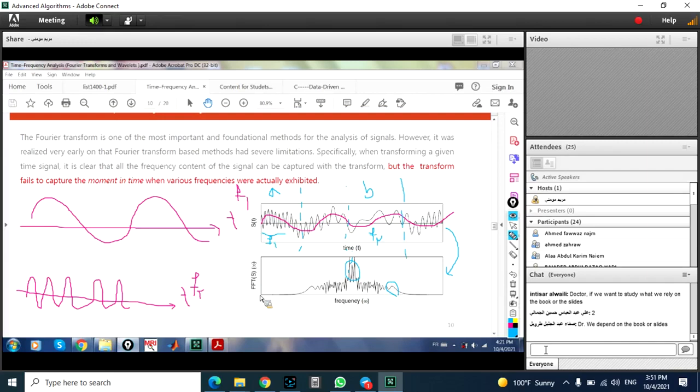I wanted to say that by using the Fourier transform, we can access only the amount of frequency.